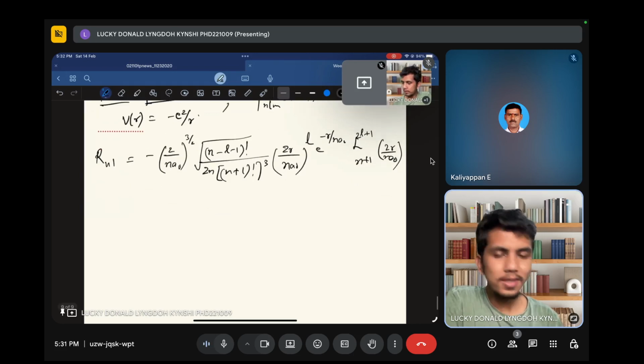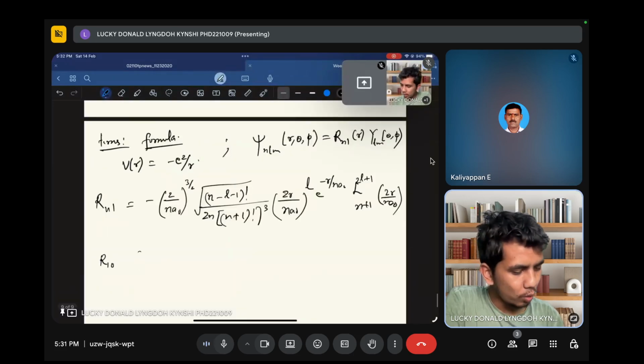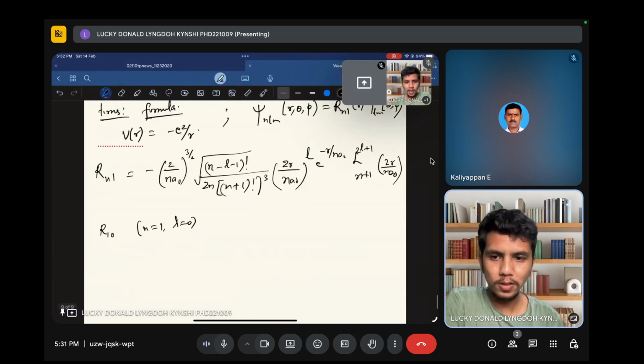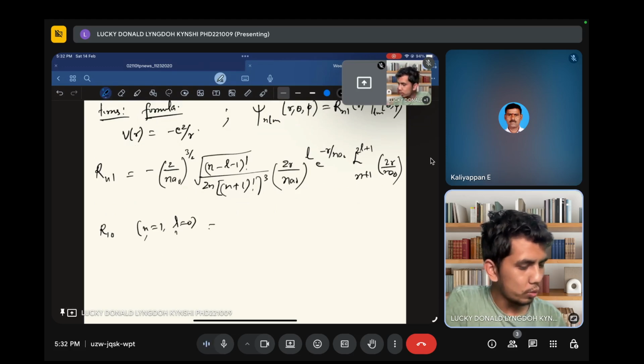So this is the radial part. I'm talking only about the radial part. So the radial part R10, what is the case? R10 means your n is equal to 1, your l is equal to 0. Here n and l are the quantum numbers, n, l, m, and so on. So R10 will be equal to 2 over a naught to the power 3 by 2, e to the power minus r divided by a naught.